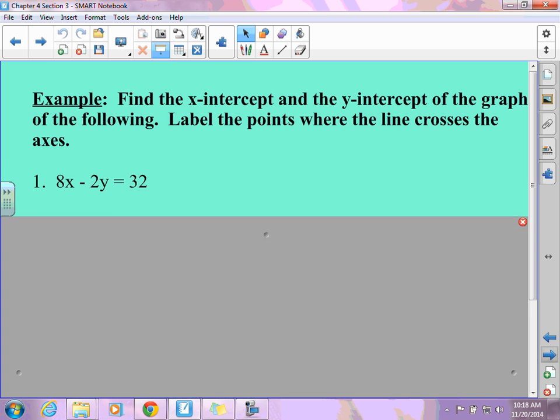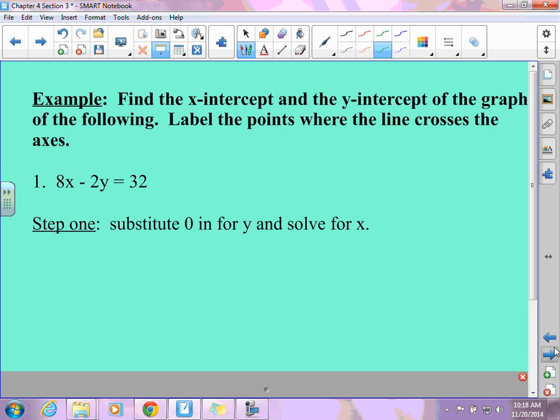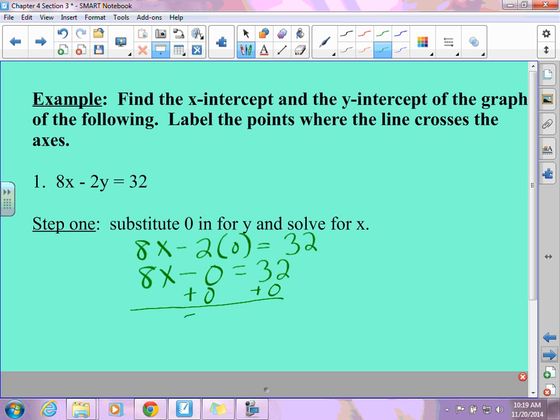So first of all, you'll notice step 1. I'm going to take that equation and I'm going to substitute 0 in for y. So there's my equation. I got 8x minus 2 times 0 equals 32. Make sure you're all writing this down. 8x minus 0 equals 32. We can add a 0, doesn't do much. 8x equals 32.